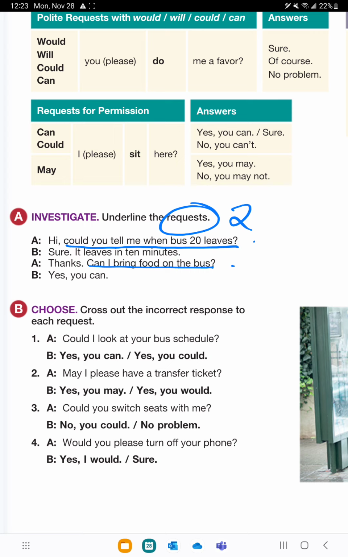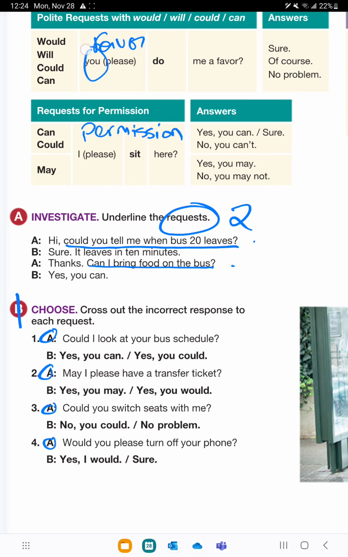All right, so now let's look at part B. It says choose. Cross out the incorrect response to each request. All right, so all of these are requests. Person A, they're all a request. Now, we need to know what type of request. Is it a favor or is it permission?